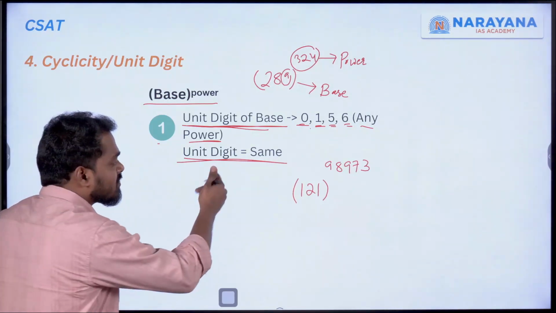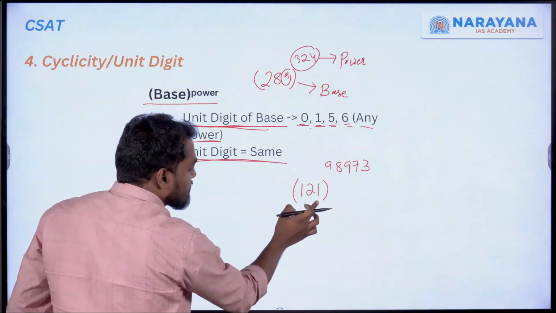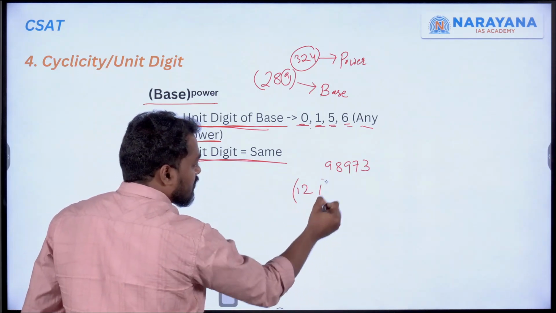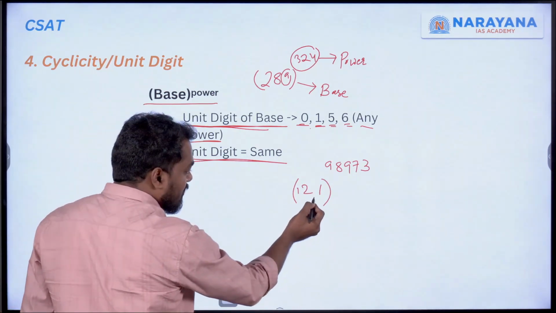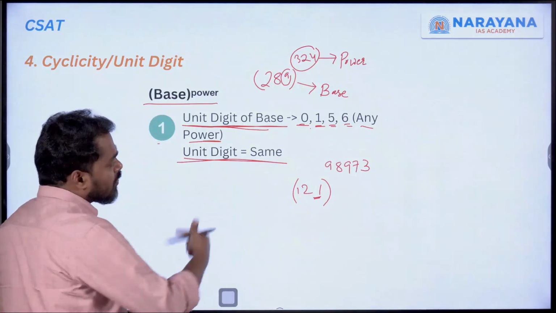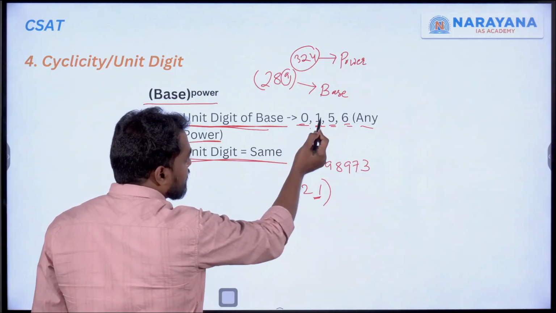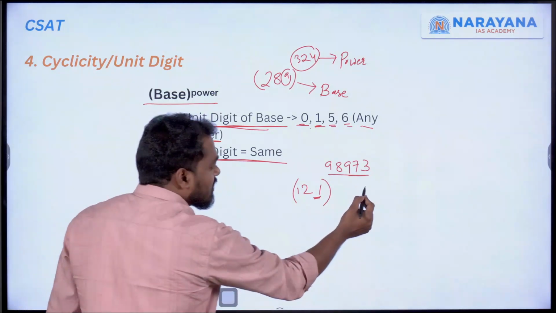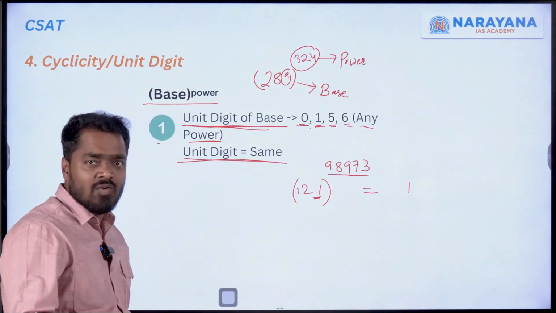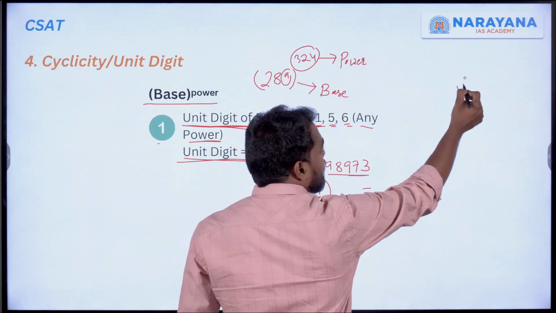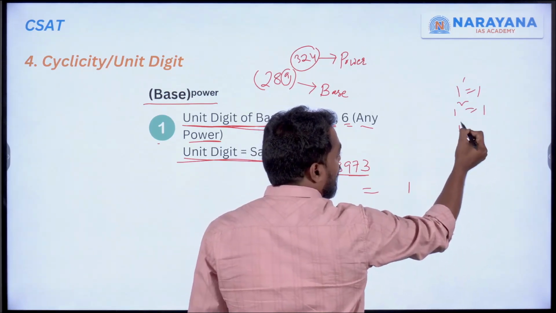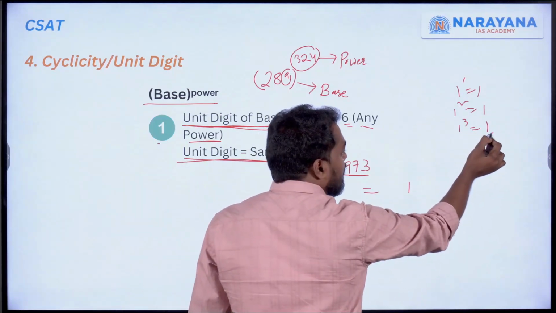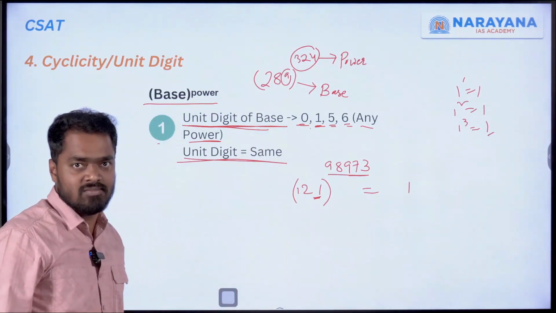The unit digit of the base is 1. Why? Because 1 to the power 1 is 1, 1 square is 1, 1 cube is 1, so irrespective of the power, it will give you 1 as your unit digit.